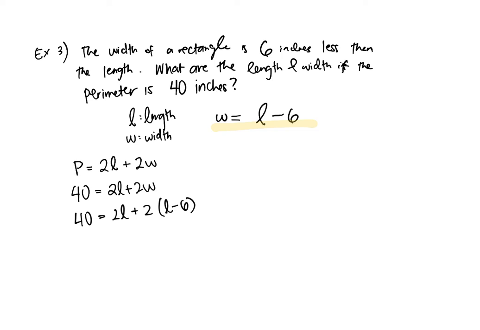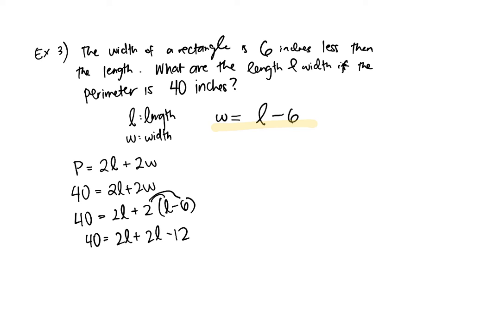From here, I'll just solve for L. So we have 2L plus 2 times L minus 6. I'll distribute this 2. So 40 is equal to 2L plus 2L, 2 times negative 6, I know is going to be minus 12. From here, we'll combine all the variable terms.